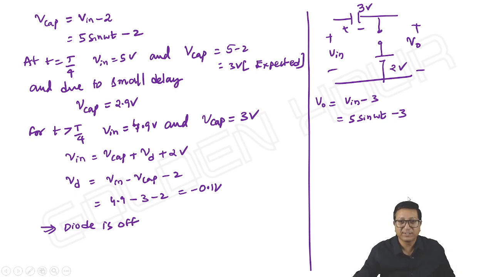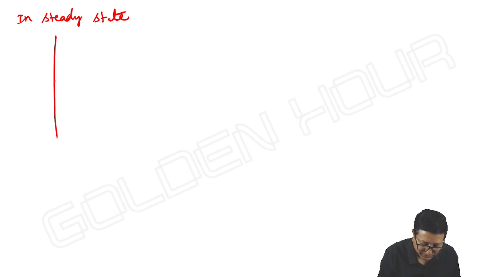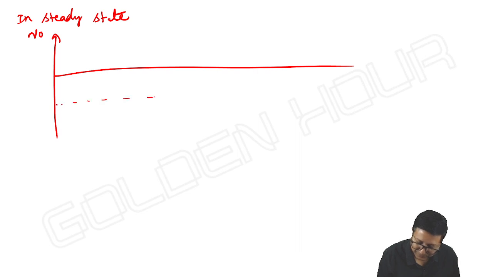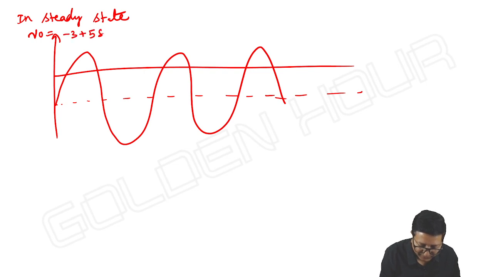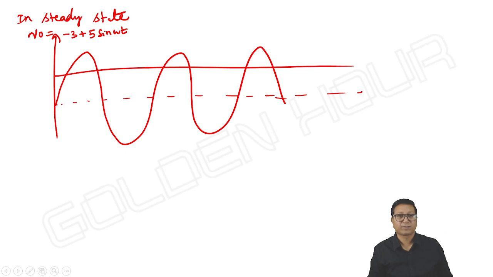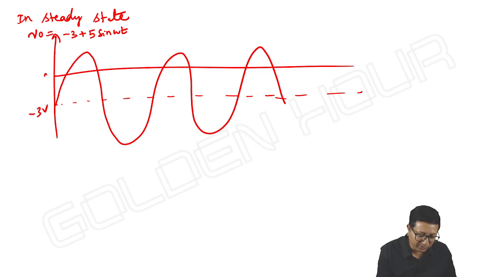So I can say the steady state output, next page I'm writing, in steady state, the output is equal to -3 plus 5 sine omega t. Okay. So instead of appearing with respect to -5 volts, the output is now appearing with respect to -3 volts.